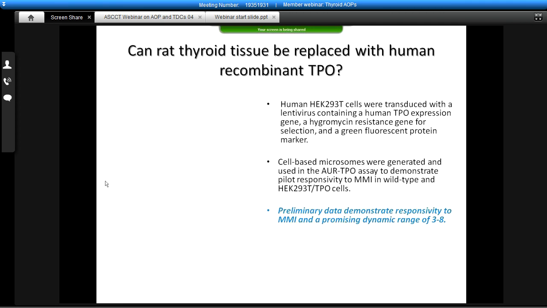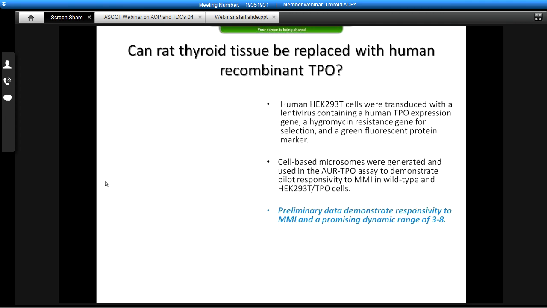However, we would like to replace rat thyroid tissue. It not only makes a more relevant model when we're considering human risk, in the sense that we'd like to use human cells and human tissues, but it also would make this assay more transferable and eliminate animal use altogether.